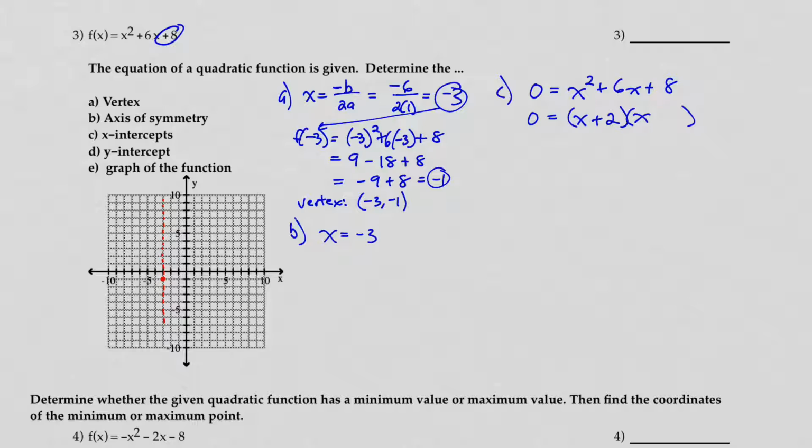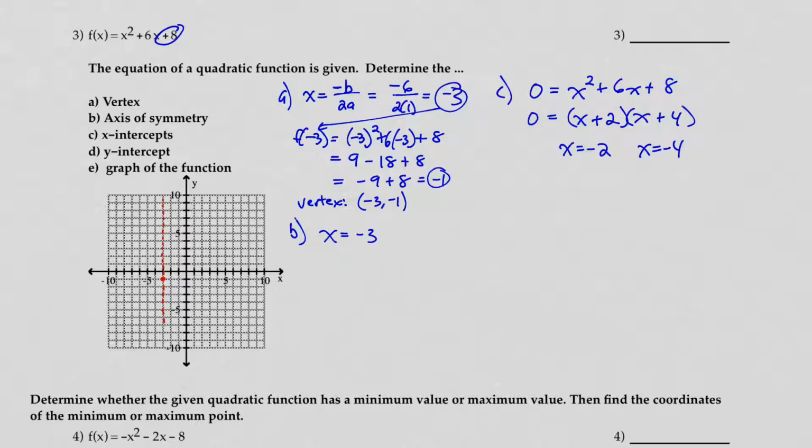That would be +2 and +4. And so then these are each equal to 0. So this x is going to be -2, and this x is going to be -4.